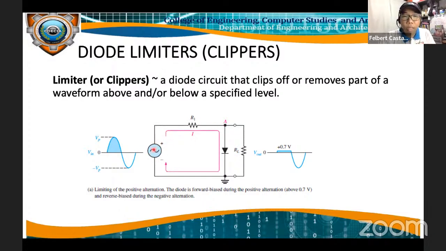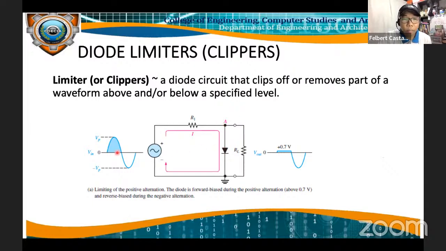Meron tayong resistor, R1, and a diode. And then you have a resistor here in parallel to the diode, denoted by R sub L. This circuit shows you the input waveform and the output waveform for this diode circuit.